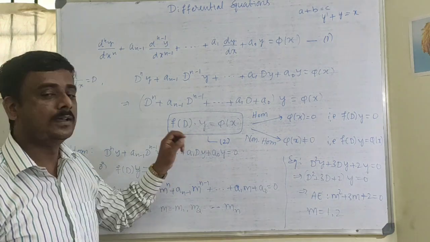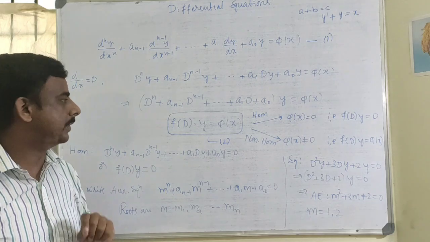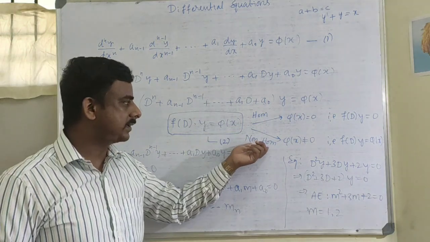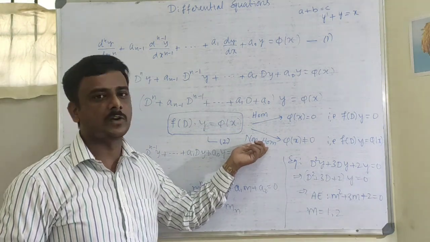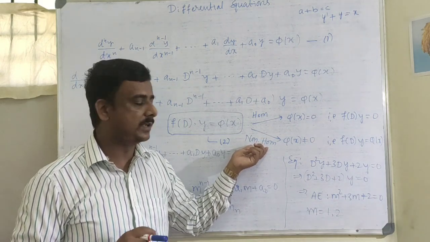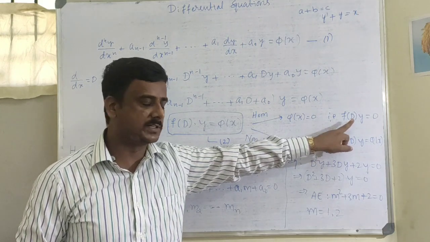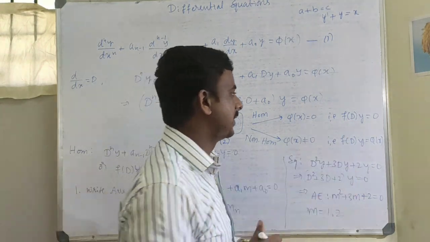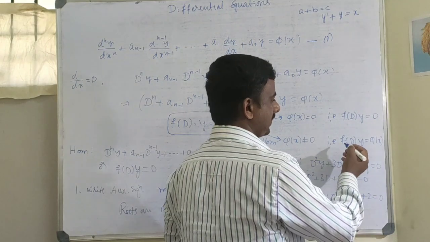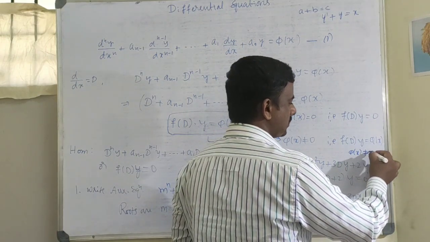Strictly speaking, it is a homogeneous nth order linear differential equation. If the right hand term is not equal to 0, then we call it a non-homogeneous linear differential equation. So this is the standard form of a homogeneous linear differential equation, and this is the standard form of a non-homogeneous linear differential equation. Along with this, I should write phi of x not equal to 0.